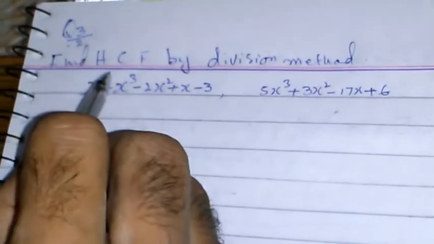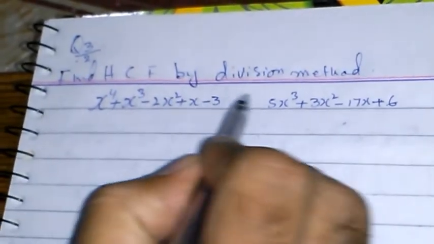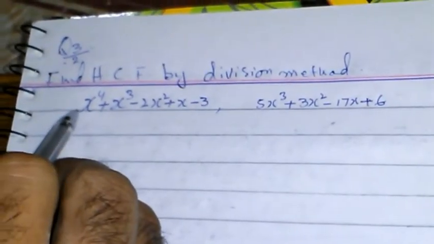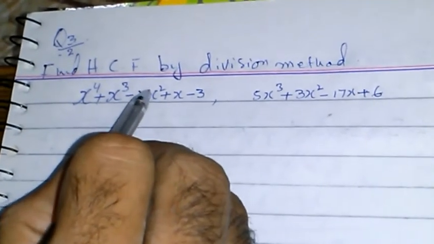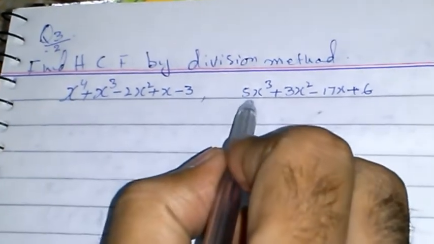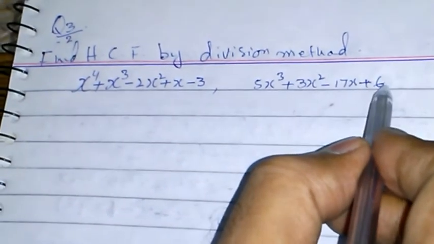Today we are going to solve a question. Find HCF by division method. We have two expressions, x to the power 4 plus x cube minus 2x square plus x minus 3 and 5x cube plus 3x square minus 17x plus 6.